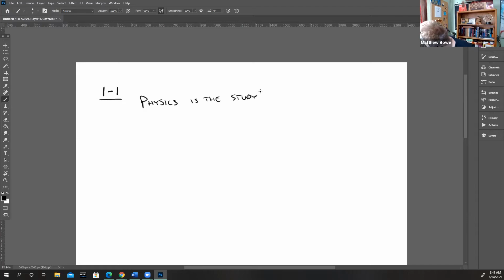Study of matter and its motion through time and space.